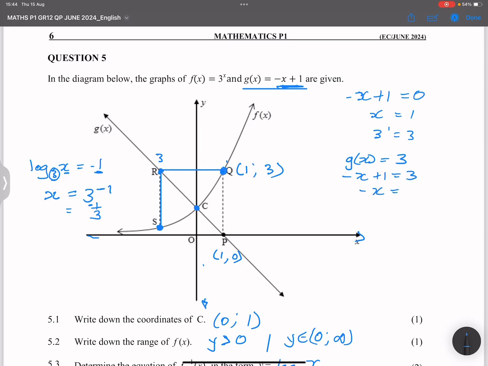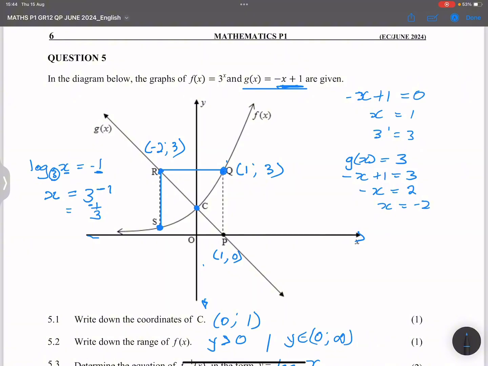Minus x is equal to 3 minus 1, which gives 2, and so x is negative 2. So R has the coordinates (-2, 3).